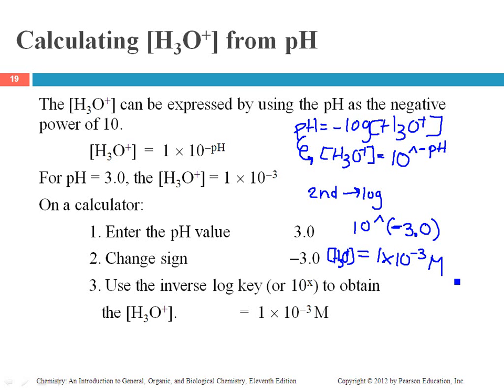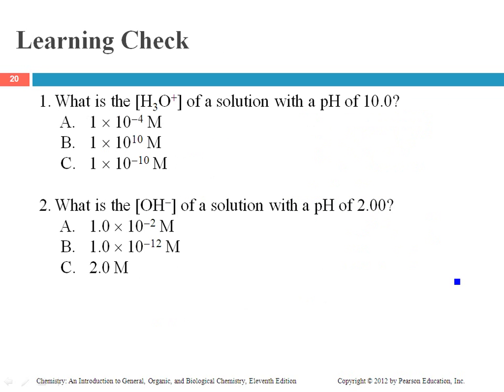So we have found the molarity. The molarity is the concentration. Back in Chapter 7, I told you that molarity is one of the most common ways to express concentration, so you're seeing that here. We want to know the hydronium concentration of a solution with a pH of 10.